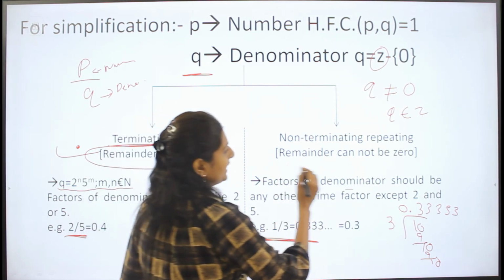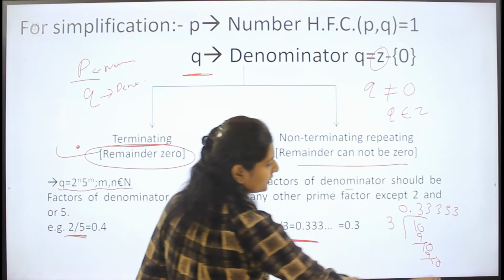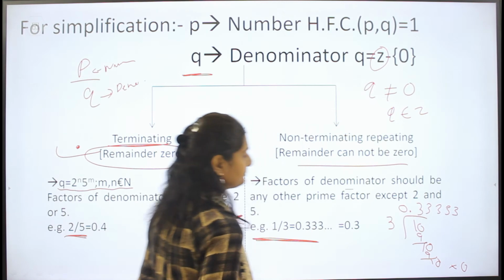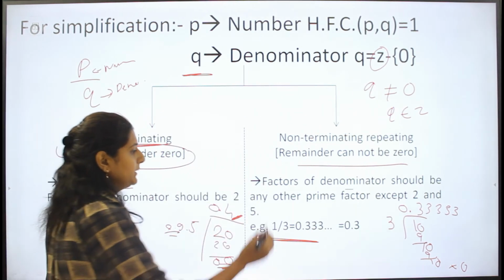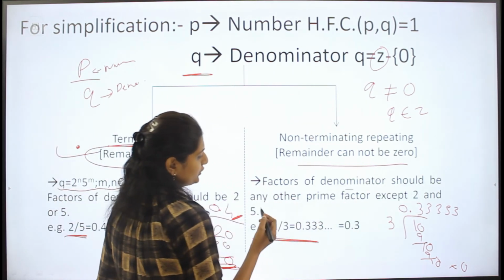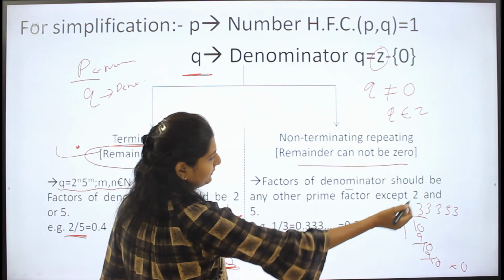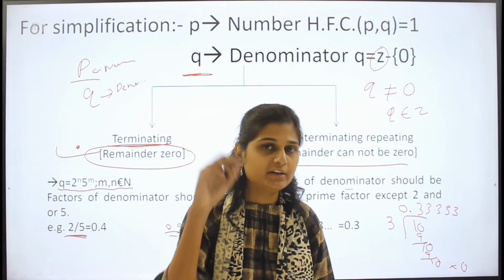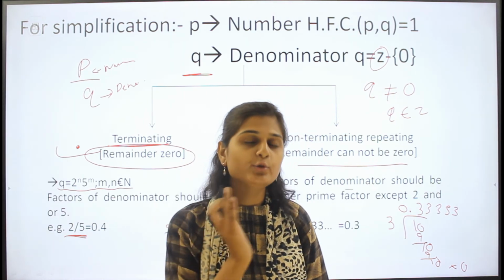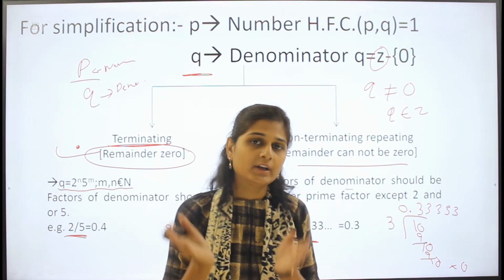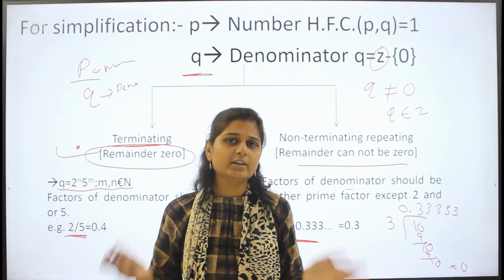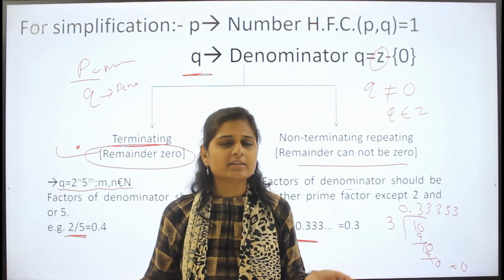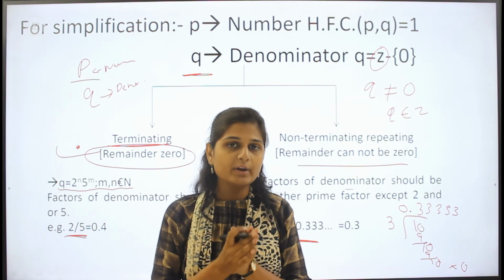So here the remainder cannot be 0, so you will not get the remainder as 0. The factors of the denominator should include some other prime factor except 2 and 5. So the factors of q will not be 2 and 5, it will be another value, whether it is 4 or 6, but it will not be 2 and 5.